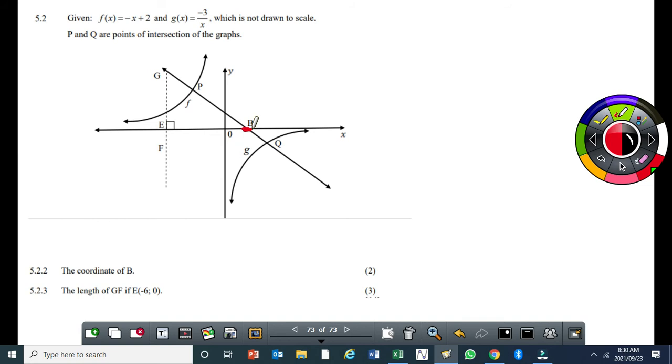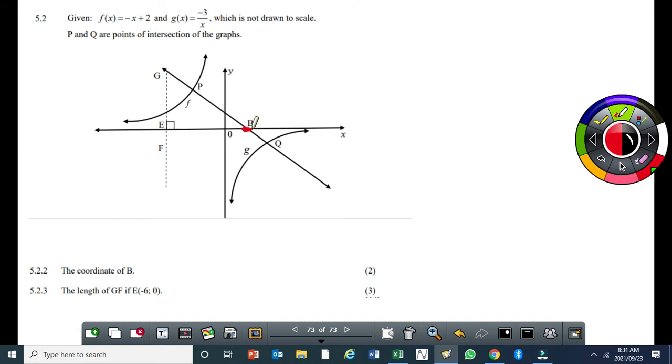Now point B is along the linear function, and point B is also an x-intercept of the linear function. By now you should know that y is 0 along the x-axis. So the value of y at B there is 0. So we need to determine the value of x.